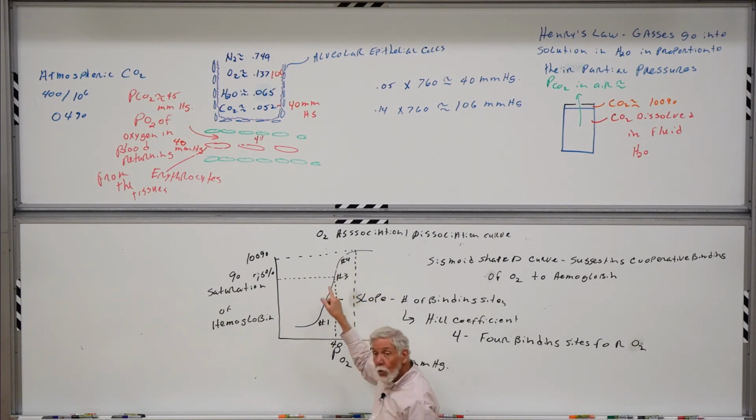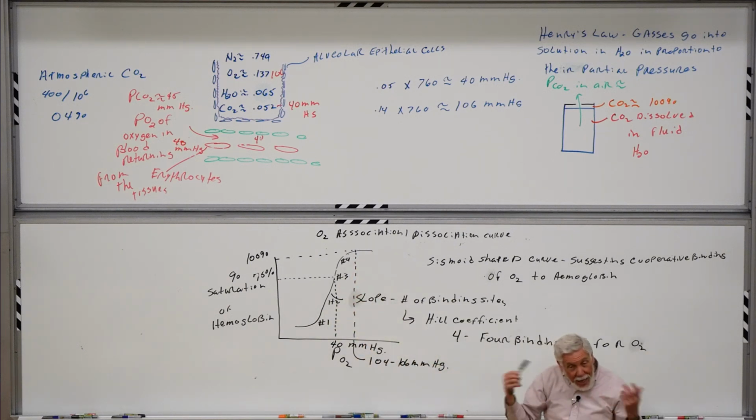Now, it's certainly true that if something has gone wrong and you have pneumonia and you don't have full access to the full area of your lung, or if those diffusion pathways have gotten greater, then at 104 to 106 you may be down on the curve. So you push the oxygen levels up therapeutically to try to raise these oxygen concentrations, but that's under pathologic conditions.